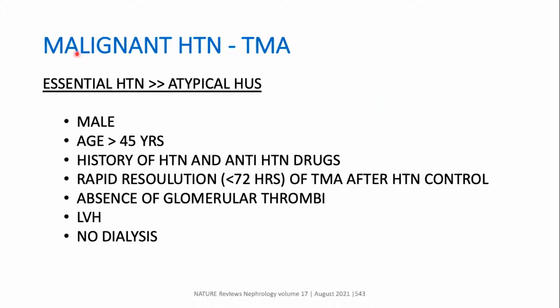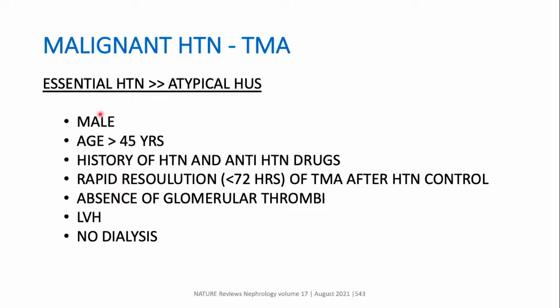Coming to the next entity, that is malignant hypertension related TMA. Often atypical HUS also presents with malignant hypertension, and it is very difficult to differentiate hypertension related TMA and atypical HUS related TMA.